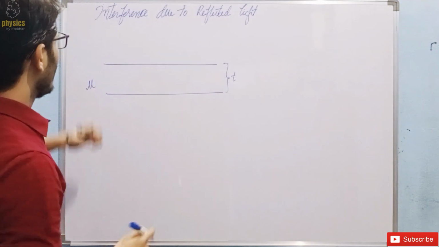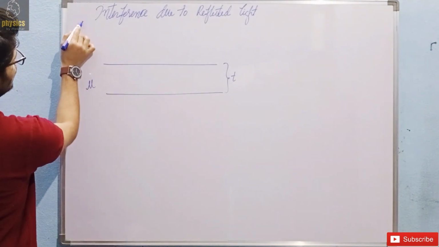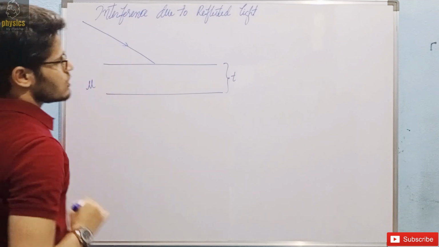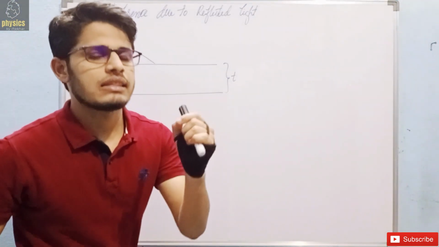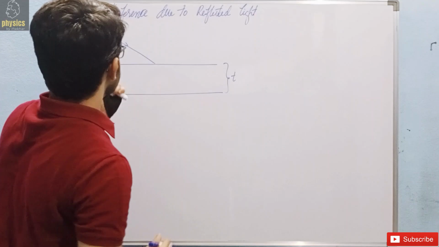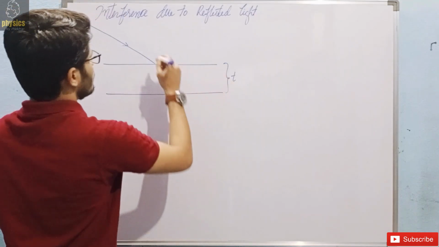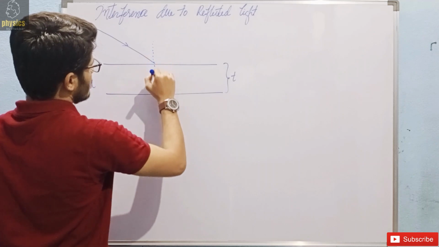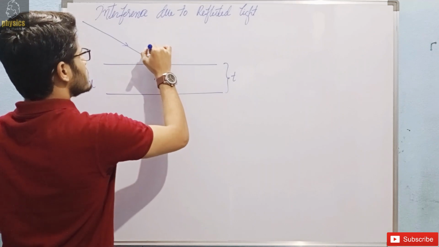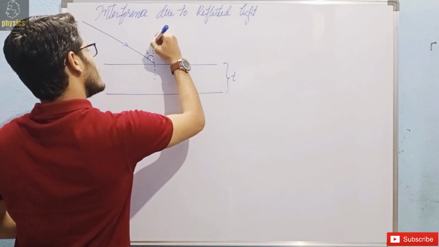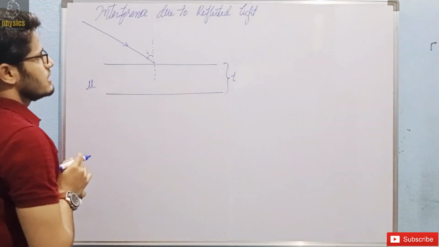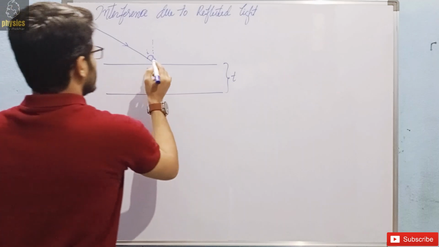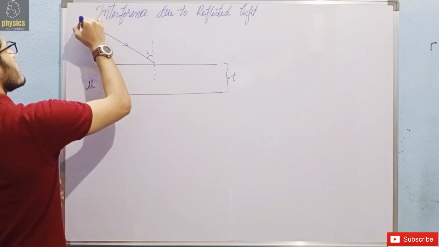Now I'm making a monochromatic light source incident, meaning a single wavelength light, on the thin film with incidence angle I. With reference to the normal, I'm taking the angle. The incident angle is I. This is the normal. The incident ray, I'm calling it AB.